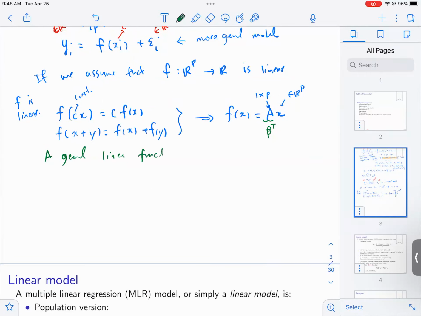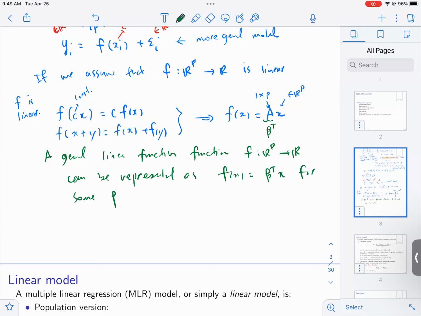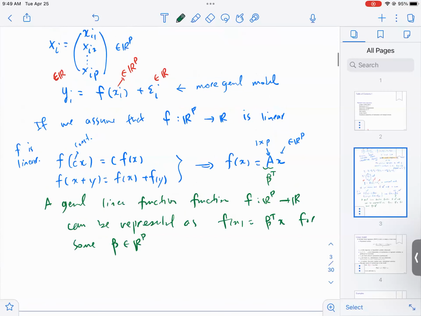So a general linear function f from Rp to R can be represented as f of x equal to beta transpose x for some beta in Rp. So we start from this general model, we assume f is linear, then f can be written like that. And that gives us the linear model.